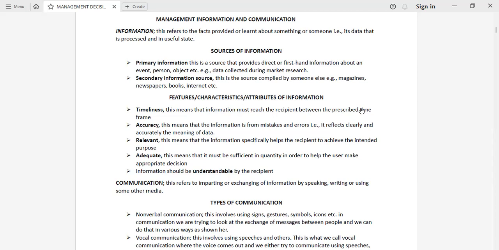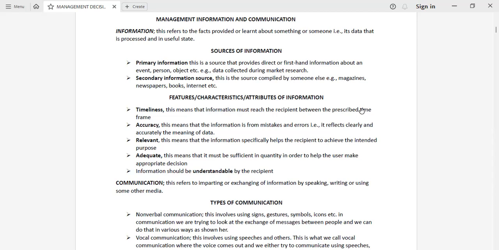But if the information is too bulky, so that reading it takes a lot of time, you may not even understand it, because it is too much for a small concept, something small explained in 20 to 30 paragraphs.